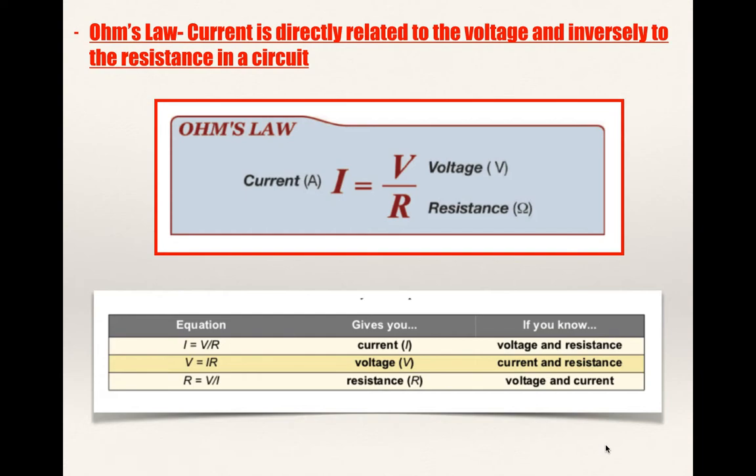If we double the voltage in a circuit, it is going to double the current. Think of that. You're doubling the voltage, you're doubling the push. So if you're increasing the push, it's going to increase the amount of current that's going through there. More push, more current.